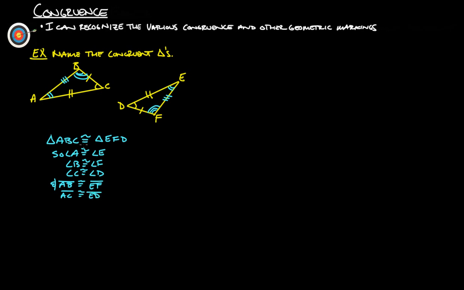And then we also have BC is congruent to FD. There we go. Okay, so we have named the congruent triangles, and we also told what angles are congruent and what sides are congruent. Okay, that's all there is for congruence here.